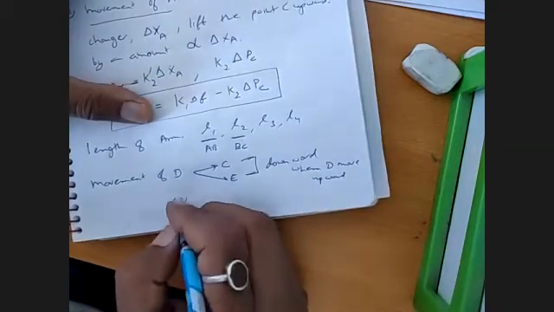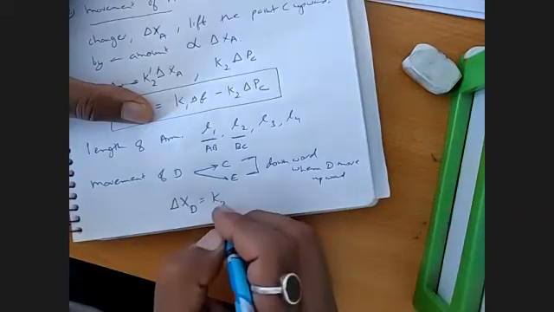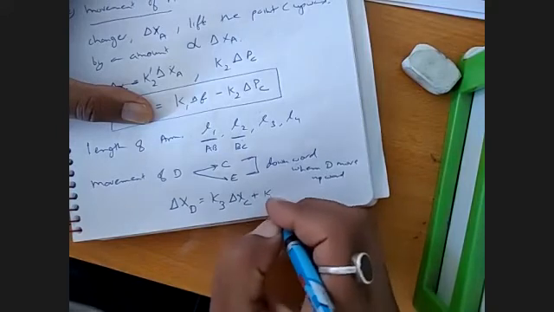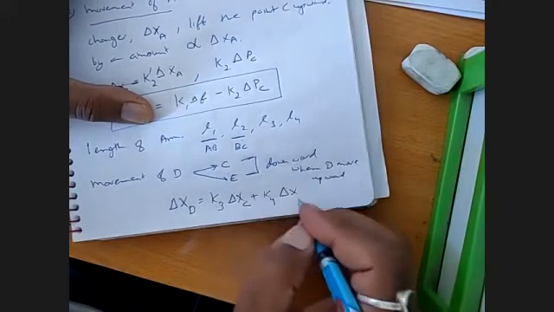That means your delta XD will be K3 into delta XC plus K4 into delta XE.